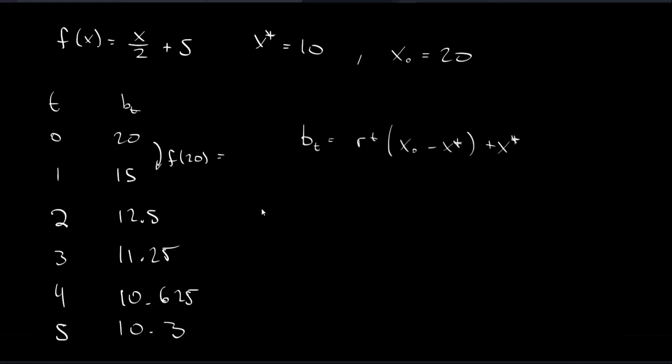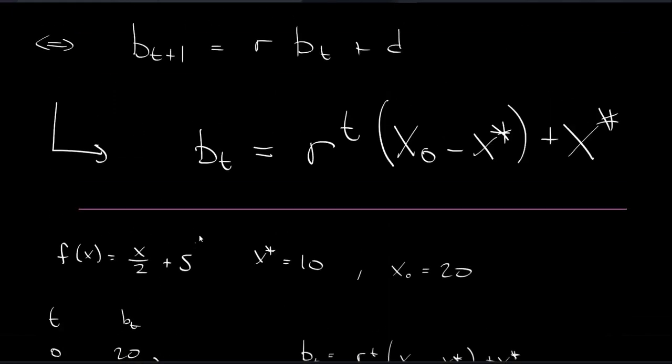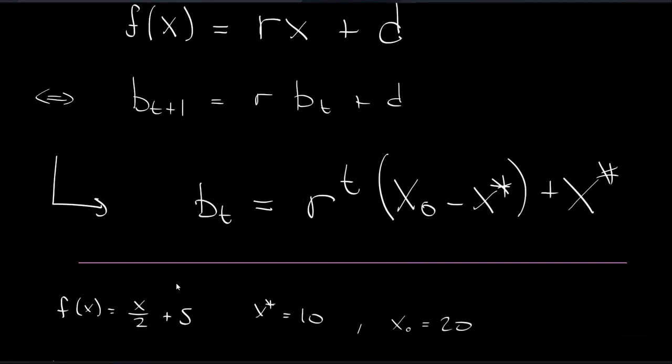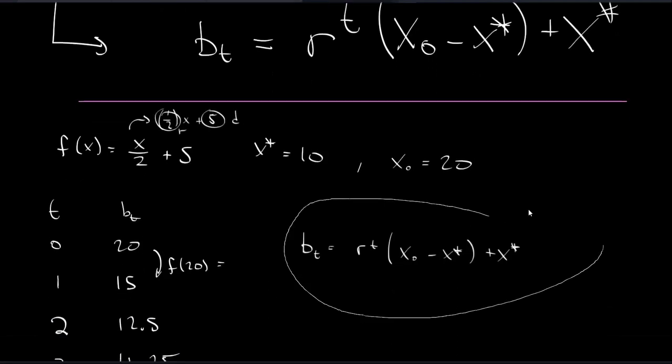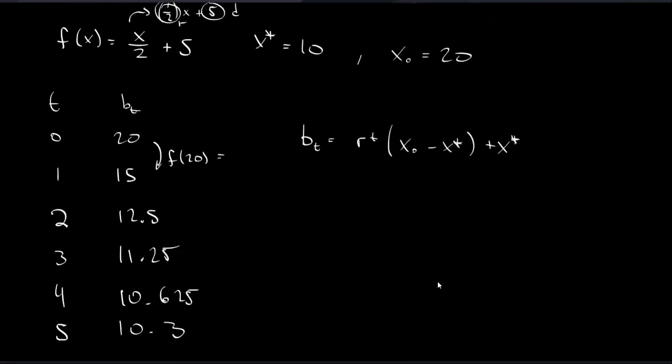Well, if you compare these, you will see fairly easily that r is 1/2, because I could just write this as 1/2 x plus 5. This is our d, this is our r. And notice that the d doesn't actually pop up in here. Well, it does, but it's in the form of the equilibrium right over here.